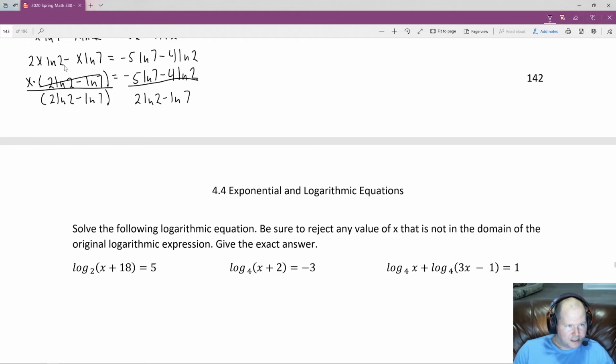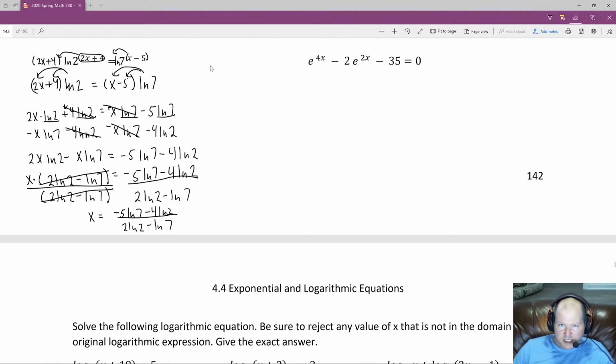So on the left side, these cancel out. And we end up with x is equal to this over here, so I can just rewrite it if I wanted to. So negative 5 natural log of 7 minus 4 natural log of 2 all over 2 natural log of 2 minus natural log of 7.